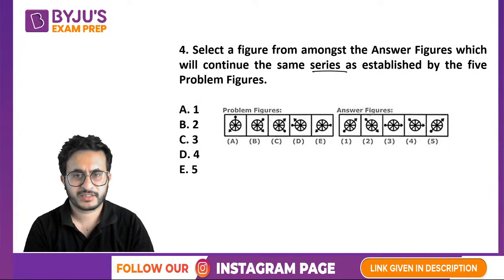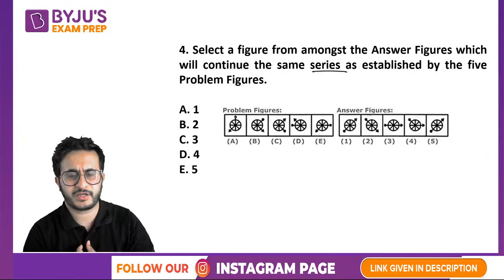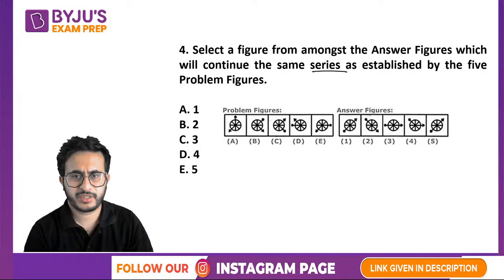So first of all, this chakra thing is present in all, right? So these 8 spokes are present here. We have to look at the circular one and the arrow one. So the circular one is here, then it moves to this, then it moves by one step, then it has moved from here to here, so 2 steps, then from here 1, 2, 3.